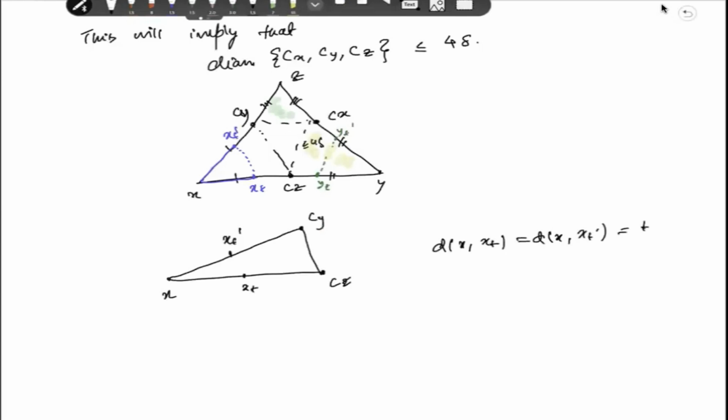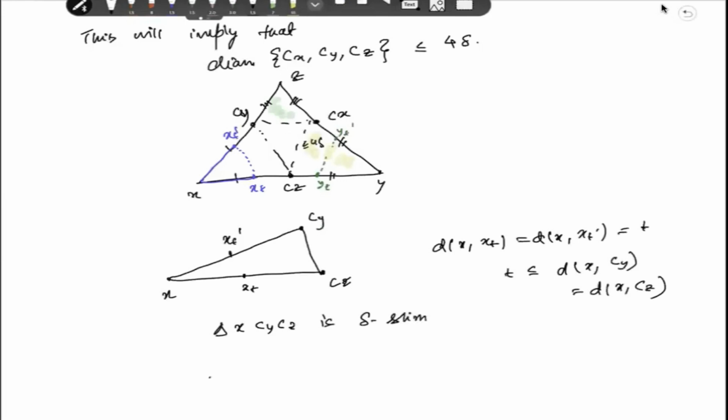Let us take it to be t, where t is less than or equal to the distance between x and Cy, which is the same as the distance between x and Cz. Again, we know that this triangle x, Cy, Cz is delta slim.